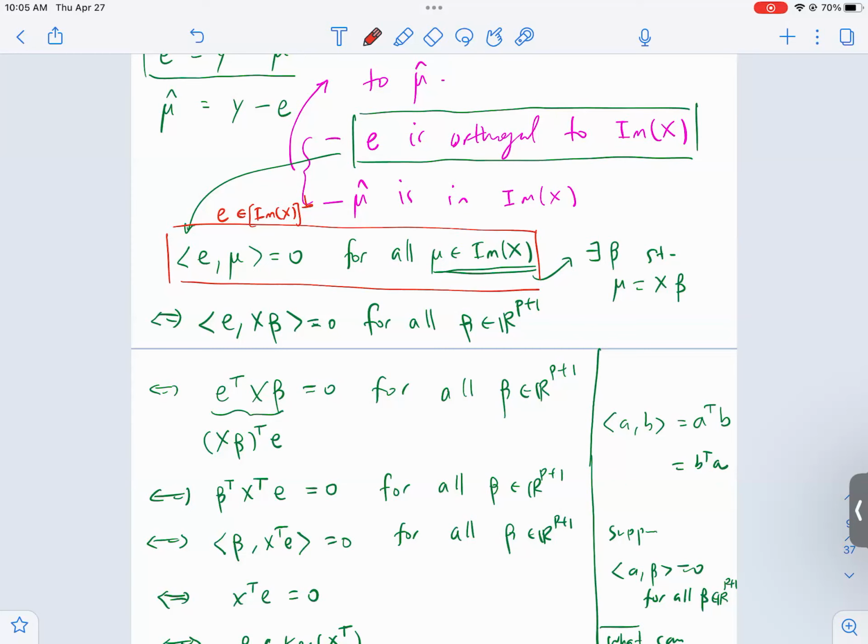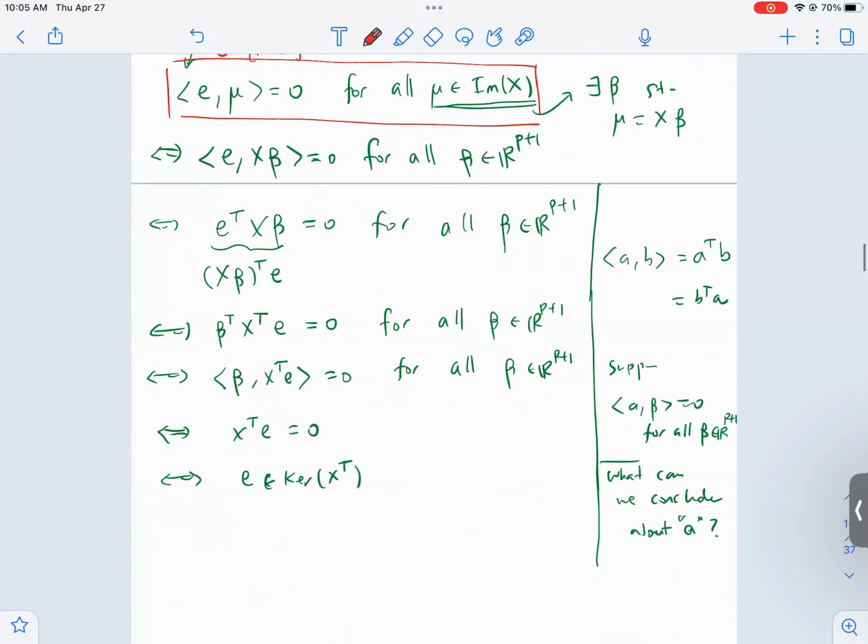We started from that, and we end up showing that E has to be in the kernel of X transpose. And this is an equivalence, so every step is reversible. What we showed is that E being in the image of X perp is equivalent to E being in the kernel of X transpose.